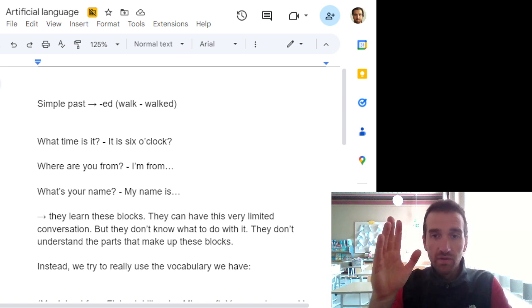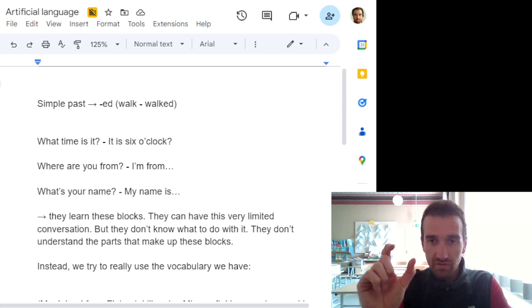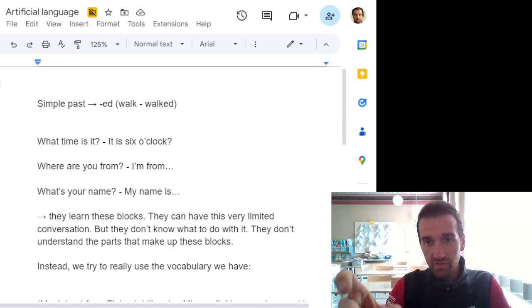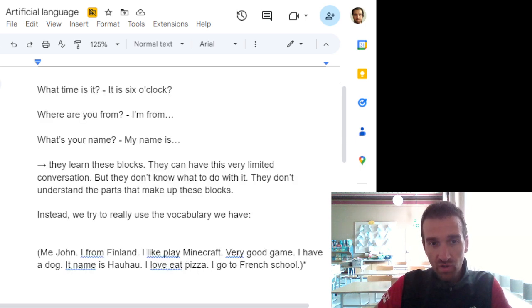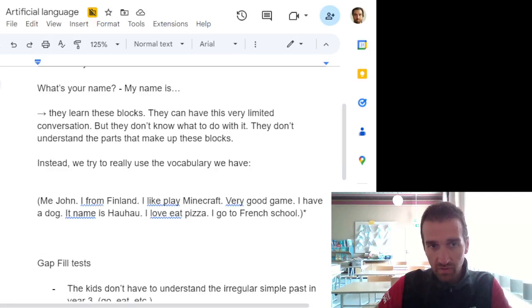So instead of investing the very limited time that we have into learning blocks like these that are easily forgotten, we instead try to focus on vocabulary and then really try to use it.